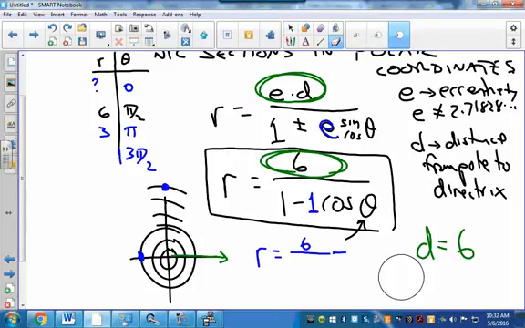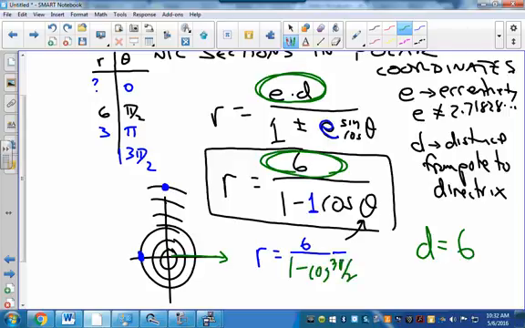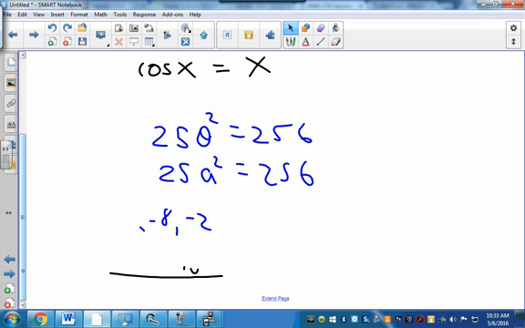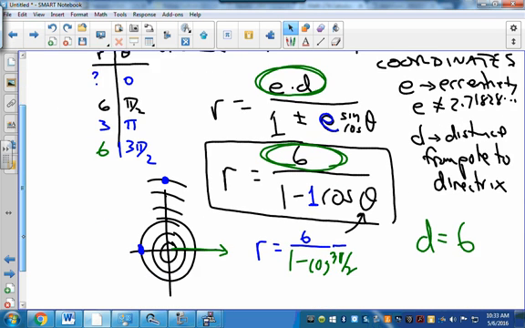So you get 1 minus the cosine of 3 pi over 2. And what is the cosine of 3 pi over 2? 0, bottom of the circle. Cosine is 0. Okay, so this is 6 divided by 1, which is 6. So sure enough, here we are, 6 units away.